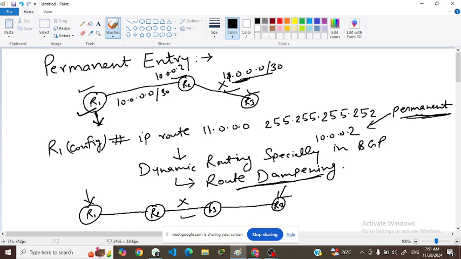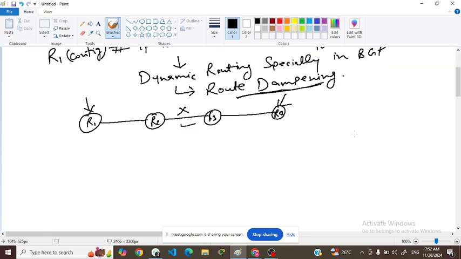Only a silly mistake: I didn't give the exit interface or next hop IP before the permanent. You need to give it, and you can check this command on Packet Tracer. Should I show you this command on Packet Tracer, or will you do the practical? We'll do the practical, sir. Continue. Okay.